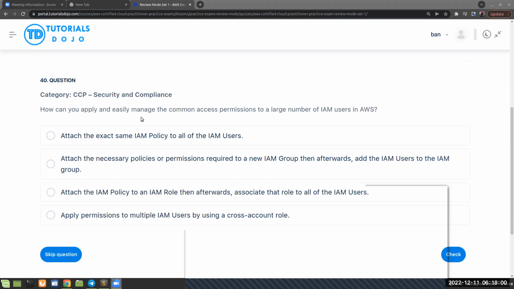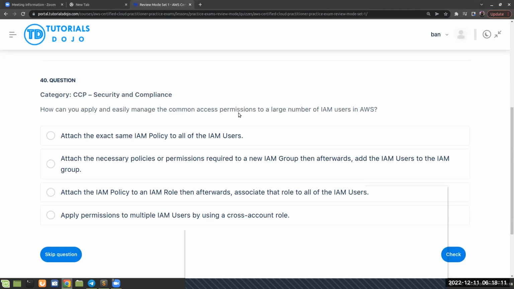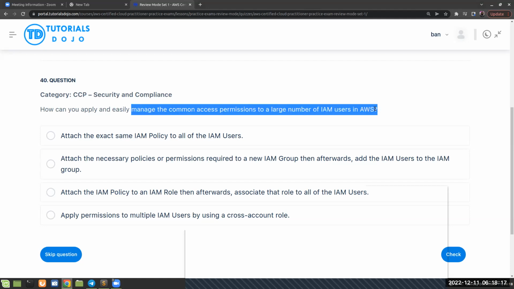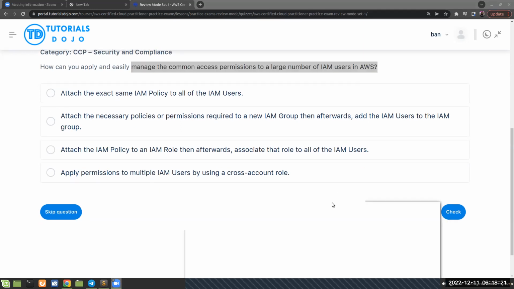How can you apply and easily manage common access permissions to a large number of IAM users in AWS? Do you attach the exact same IAM policy to all of the IAM users?